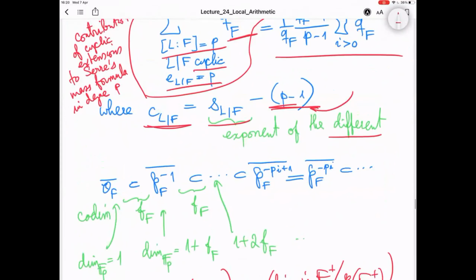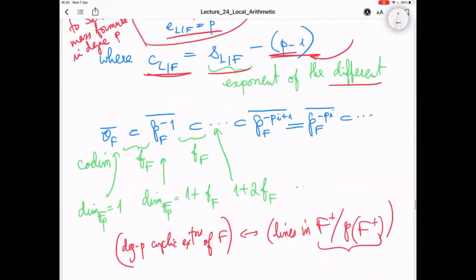And this has a filtration. So there's this line, the image of the ring of integers, then there's this, which is of dimension 1 plus f_F. What is f_F? It is the degree of the residue field of F over F_p.